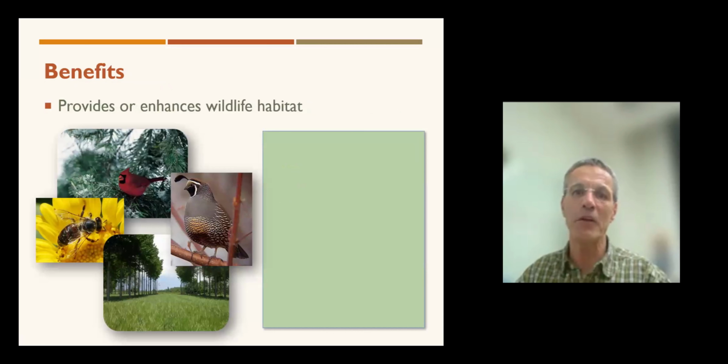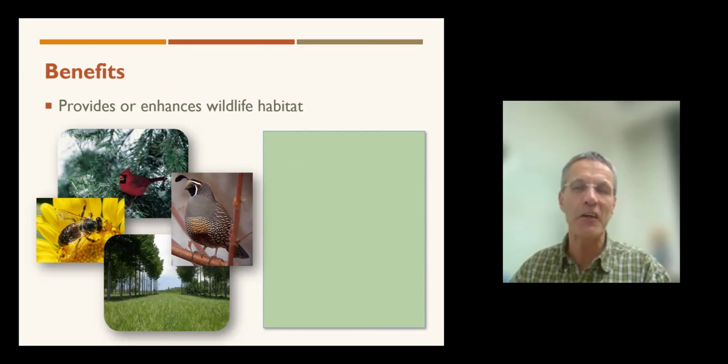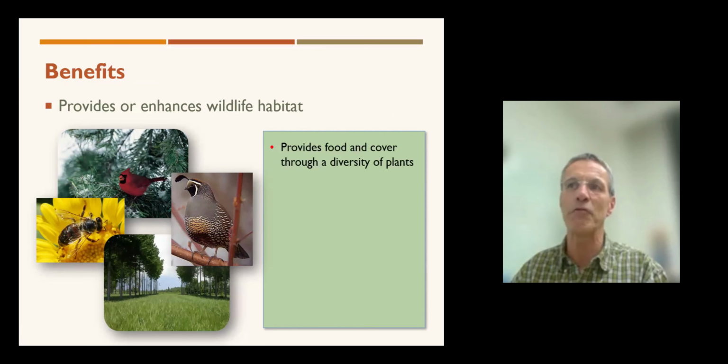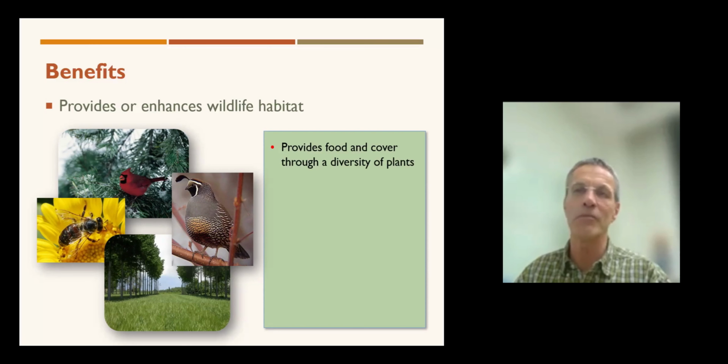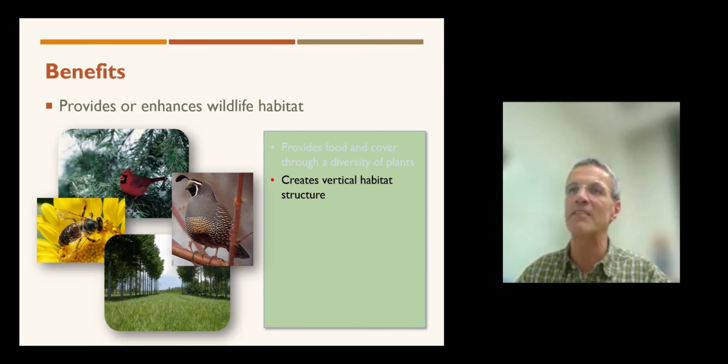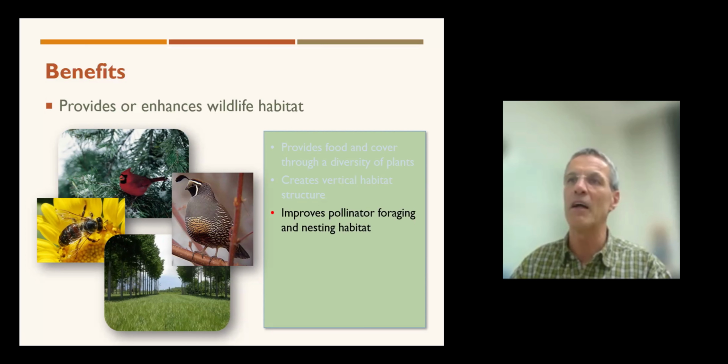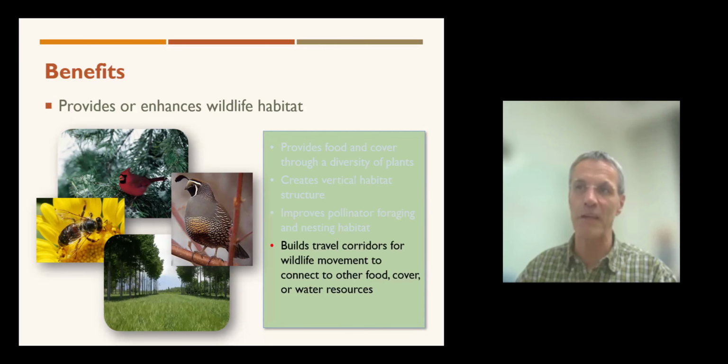And then it has wonderful benefits for wildlife because you have that multi-story complex habitat of the trees, and that provides all kinds of food and cover for many birds and insects and such with this vertical habitat structure. And obviously, if you have anything blooming, so trees can bloom, shrubs can bloom, you have nesting habitat, and you have pollinators that have a nice habitat there.